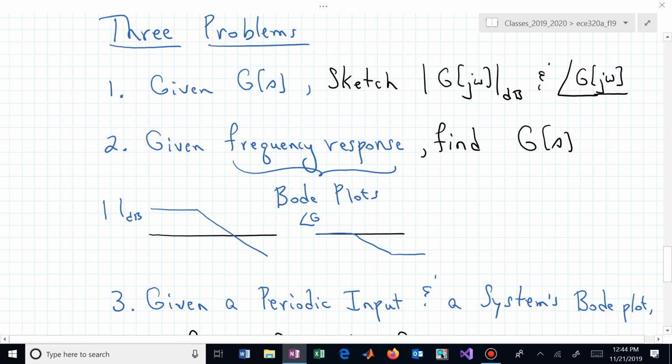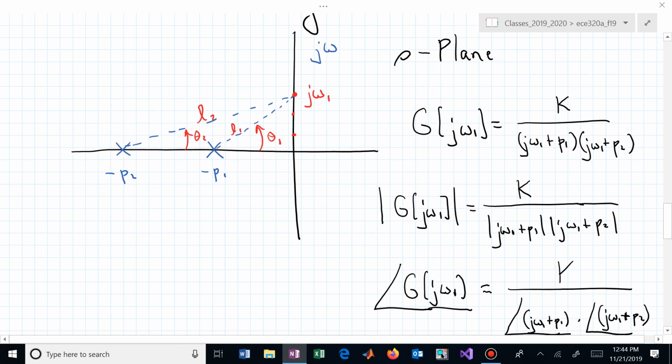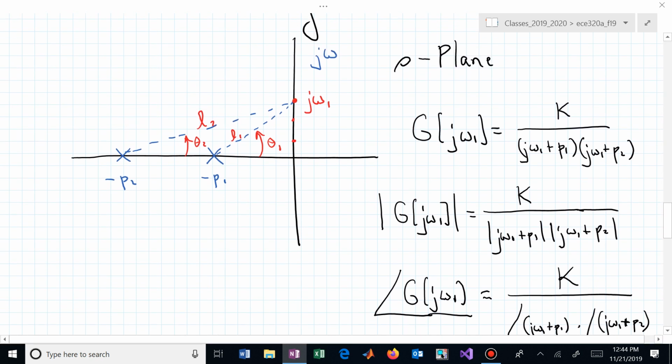What was K? K was just a number, 3, 5. It's just a gain. It's just a magnitude or a value. So here, K is just a constant. It's a number. And that would influence the magnitude of G of j omega 1.